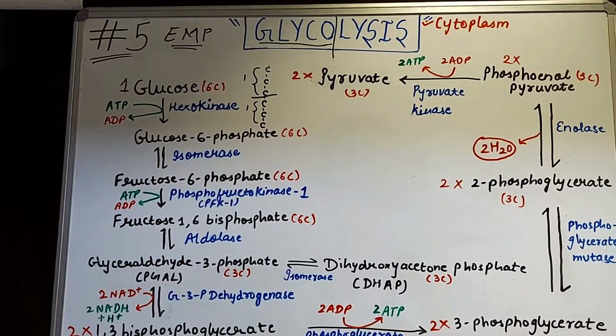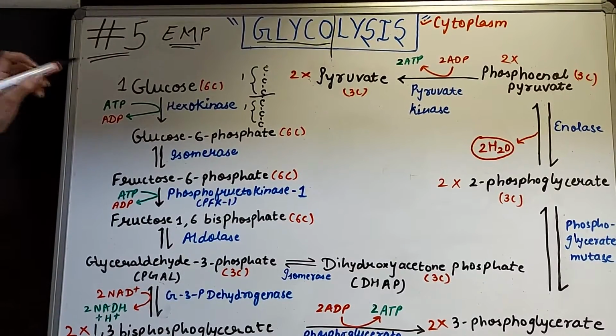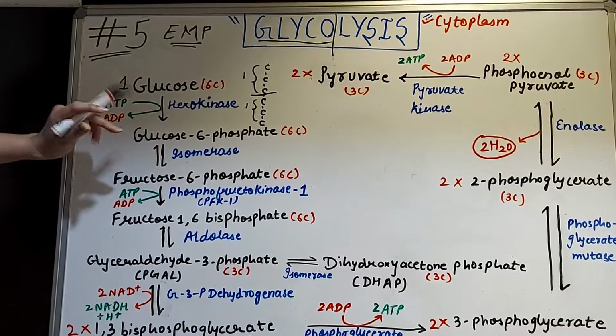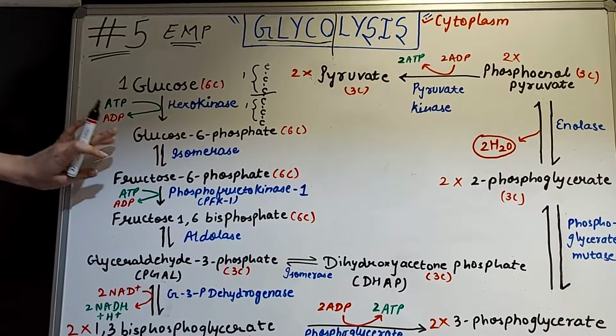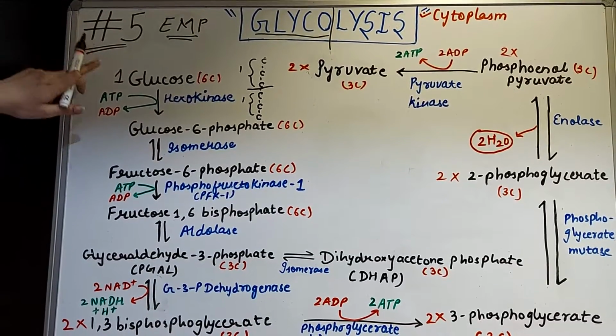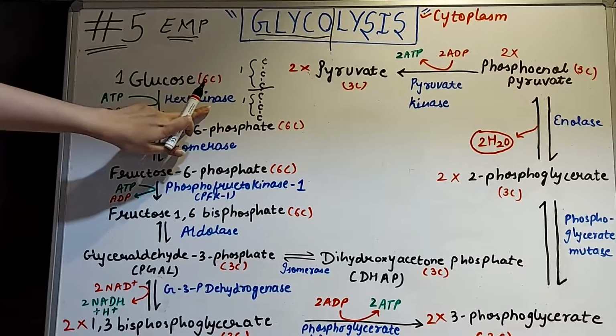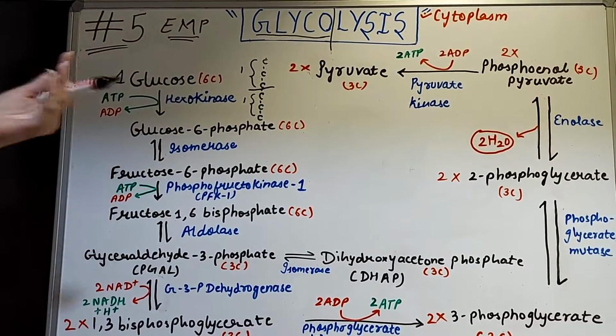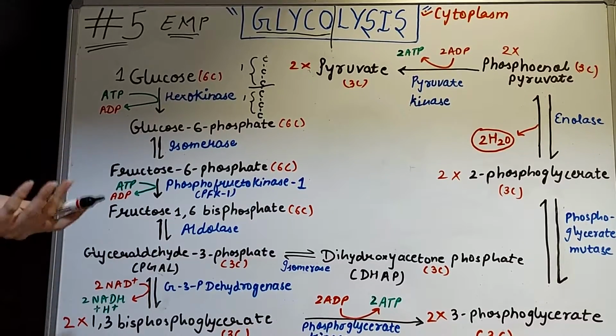The first step is conversion of 6 carbon glucose to 6 carbon glucose 6 phosphate. The phosphate group is added at the 6th position of the glucose with the help of the enzyme hexokinase. The enzyme kinase indicates that it adds the phosphate moiety.